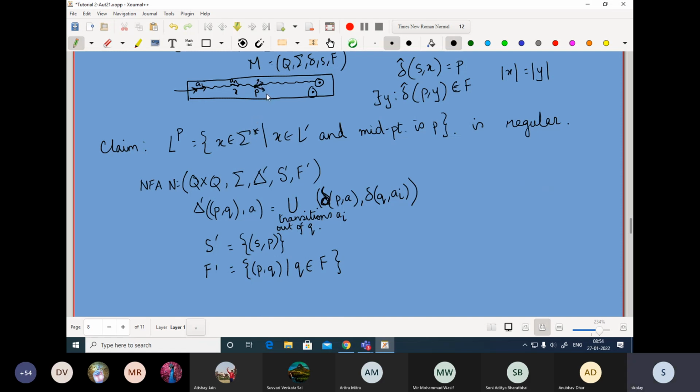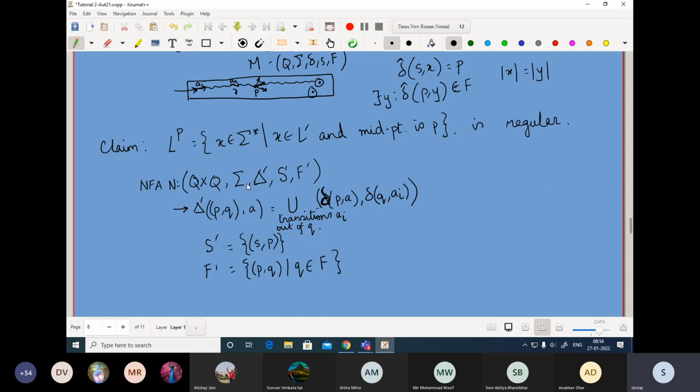So consider all these transitions. You could potentially move to any of the states following any of these transitions. So that's why delta dash of P, Q, A is going to take the union over all transitions AI that are going out of Q.